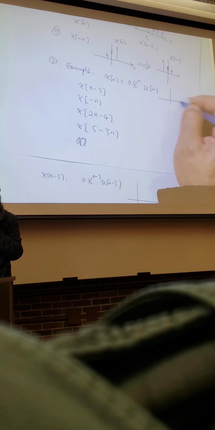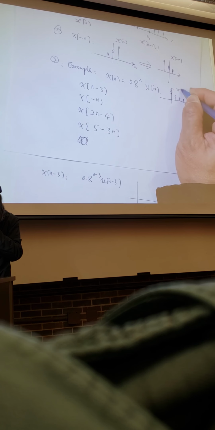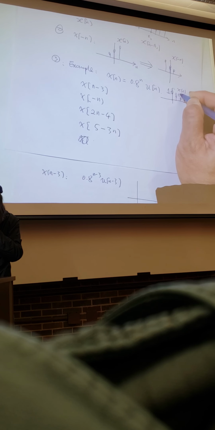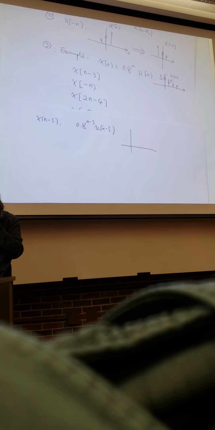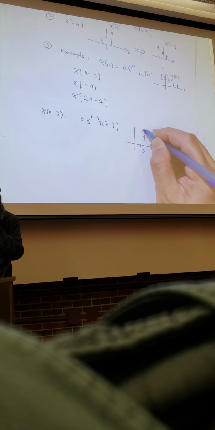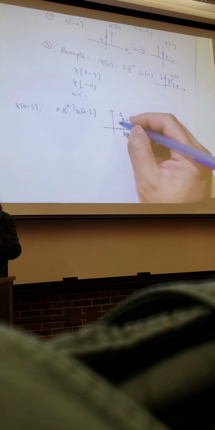This is x of n: here is 1, here is 0.A, then 0.A squared, cubed, and so on. Now it is shifted by 3, so this is 0, 1, 2, 3. Here is 1, and for n equal to 4 is 0.A, then squared, cubed, and so on. So it looks like this, with zeros before.